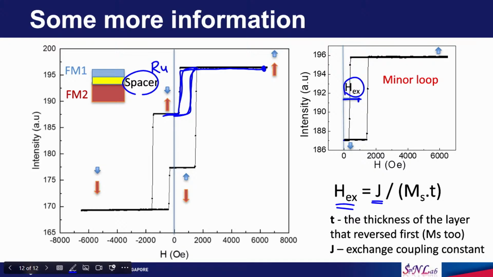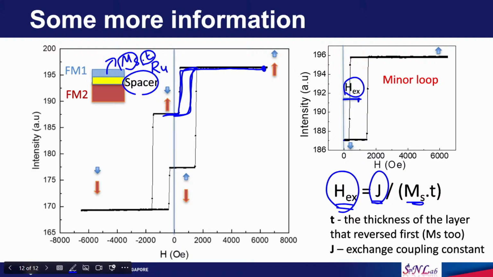MS is the magnetization of the layer that switches, and T is the thickness of the layer that switches first. If you know the MS of this material and its thickness, and you measure HEx by doing a minor loop, you can calculate the interaction strength.